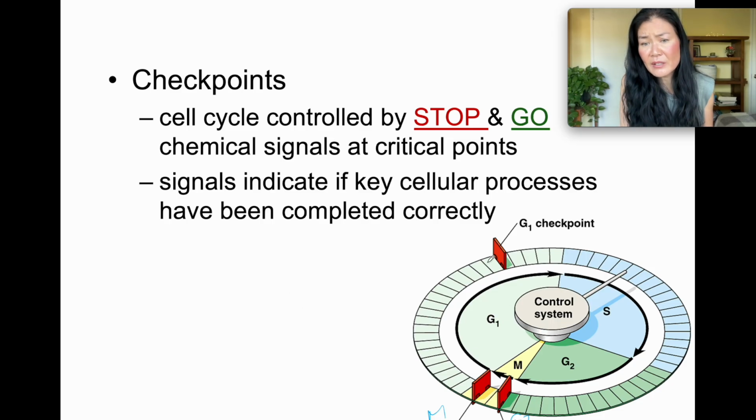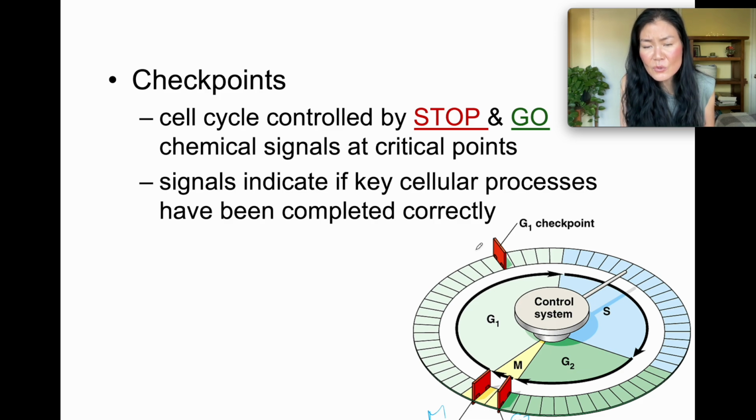These checkpoints are like stop and go signals. The cell is growing in G1, and in order for it to go through the S phase, the cell will check to see that it has enough nutrients to go to the next stage. Is it ready to go into the next stage? Is it big enough?